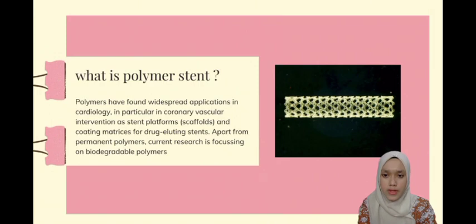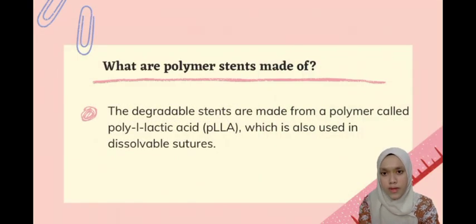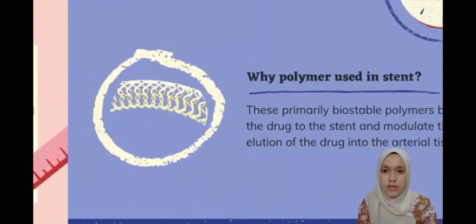Apart from permanent polymers, current research is focused on biodegradable polymers. What are polymer stents made of? The degradable stents are made from a polymer called polylactic acid, or PLLA, which is also used in dissolvable sutures.